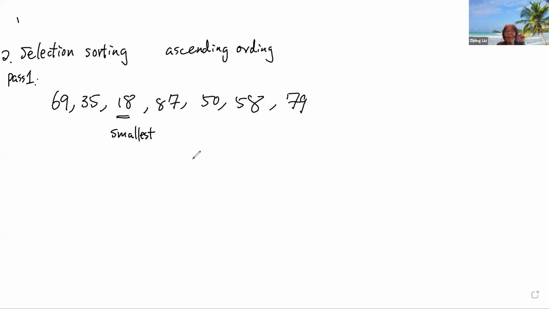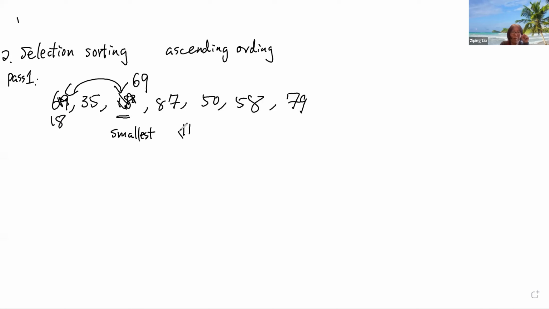where is it supposed to go? Its legitimate location in ascending order, where it should go. The beginning. Yeah, it should go to the very beginning, is it? So then you swap these two numbers. So 18, 69, is it?